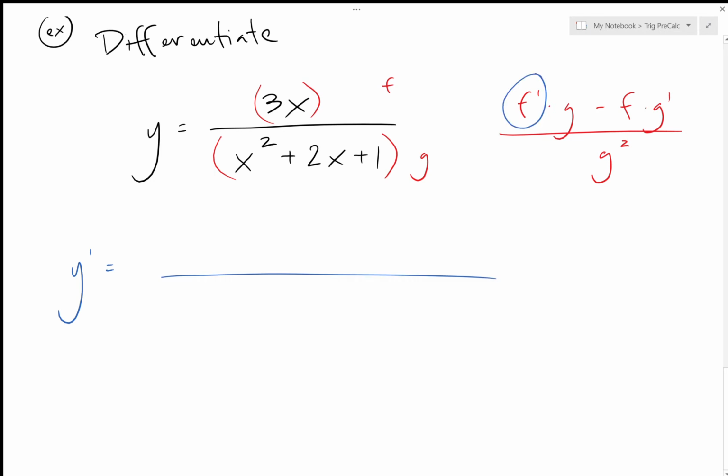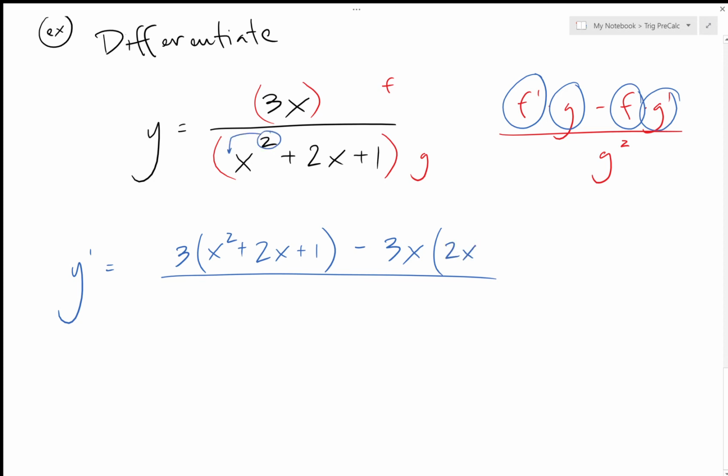I need the derivative of the top. So derivative of the top would be 3 times the bottom, so just write what the bottom is, minus the top, 3x, times the derivative of the bottom. So let's see, move that down, that's 2x plus 2, and then the 1 disappears.